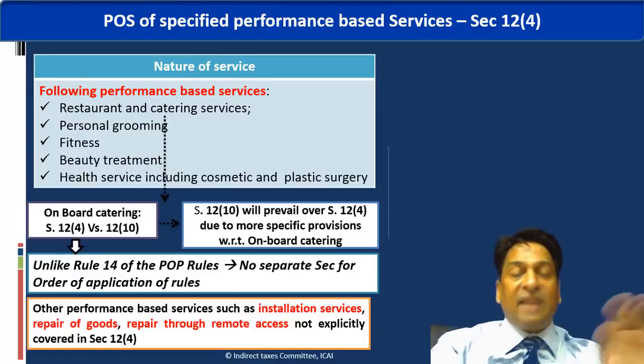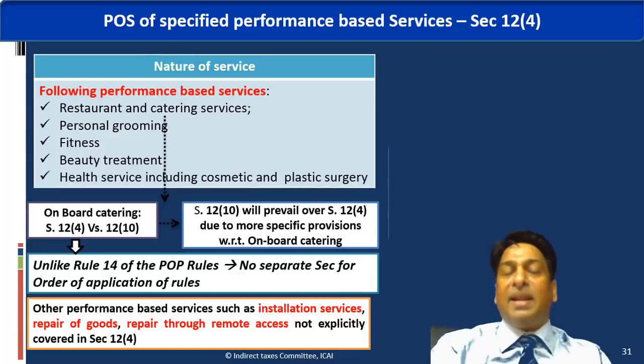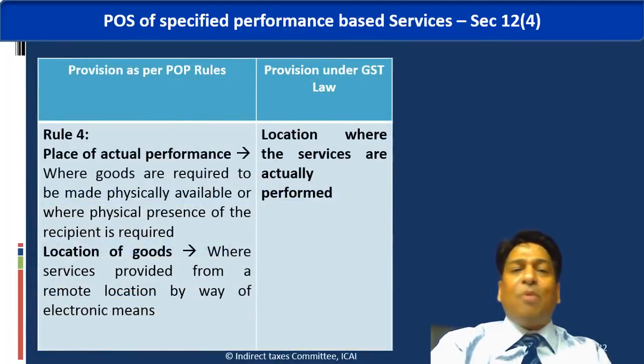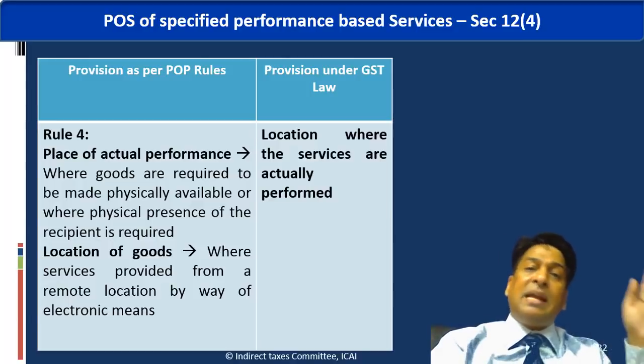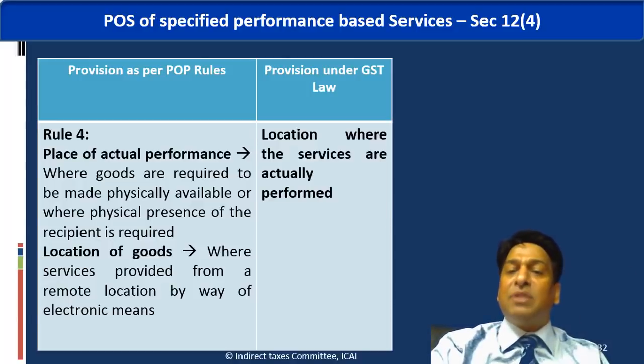So we have to be careful enough while determining place of supply when we are looking at performance-based services. Having said that, I am also comparing these performance-based services with the erstwhile POP rules 2012, place of provision of services.